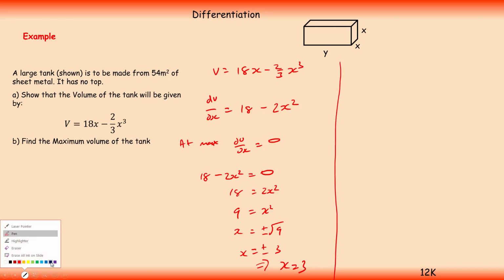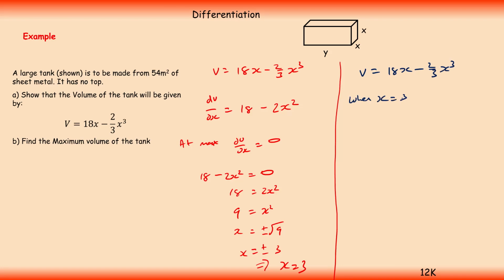Now V is equal to 18x minus 2 over 3 x cubed. So when x is equal to 3, V is equal to 18 times 3 minus 2 over 3 times 3 cubed.